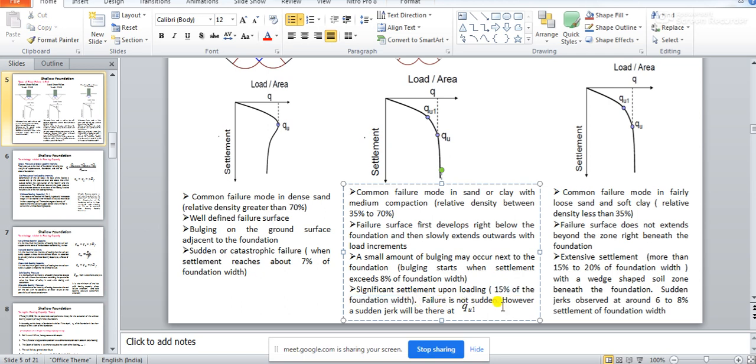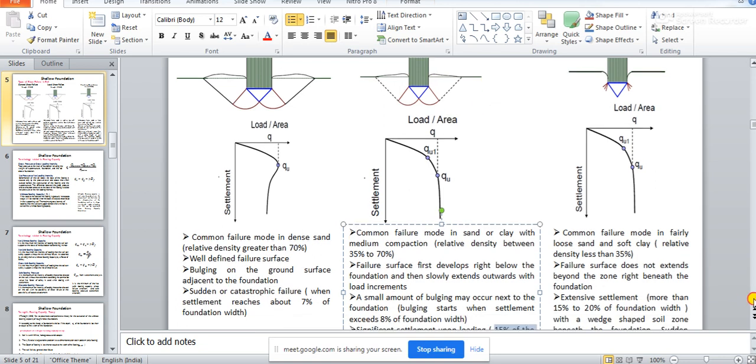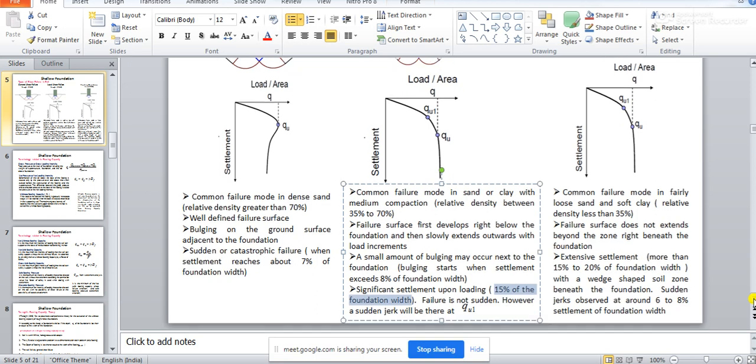But by the time you reach this 15% settlement, you may not be able to visualize much bulging outside. Internally the foundation will fail and just get inside the soil.